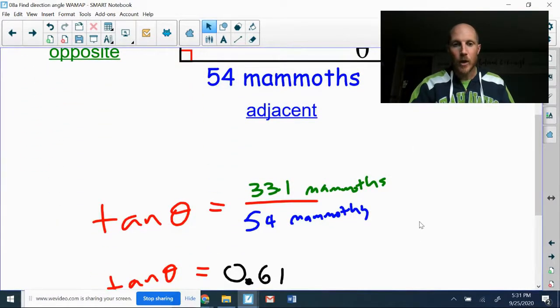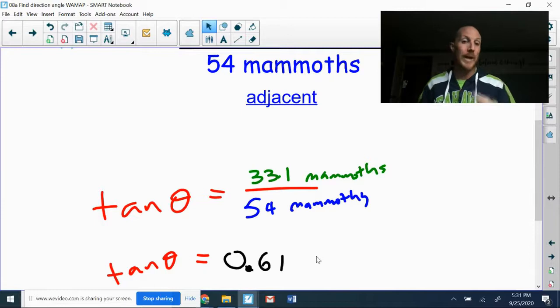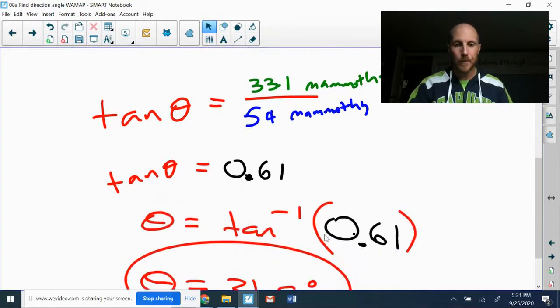Okay, so I went ahead and divided, but you weren't watching. It was on the other screen. I pulled up my calculator, divided 33.1 by 54, and I got 0.61. And in order to find out what angle that's going to give me, I need to use the inverse tangent on my calculator. It means I got to hit second or shift and then the tangent.